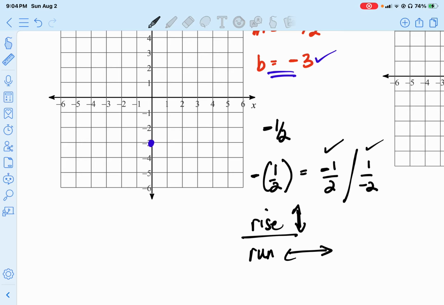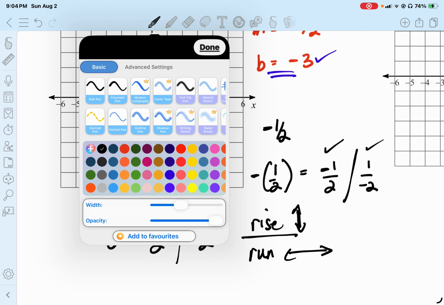So let us look back at this here. Negative 1/2 will have to be analyzed as either negative 1 over 2 or 1 over negative 2. Let's look at them in both ways and see what that looks like.